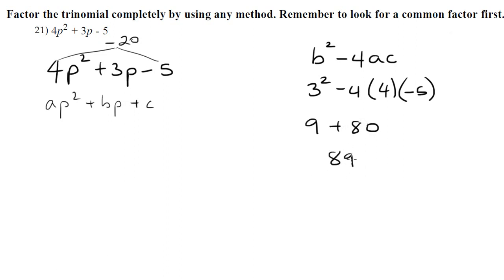So because 89 is not a perfect square, that means we have real zeros. It's not negative, so we have zeros, but if I'm thinking about the quadratic formula, right?